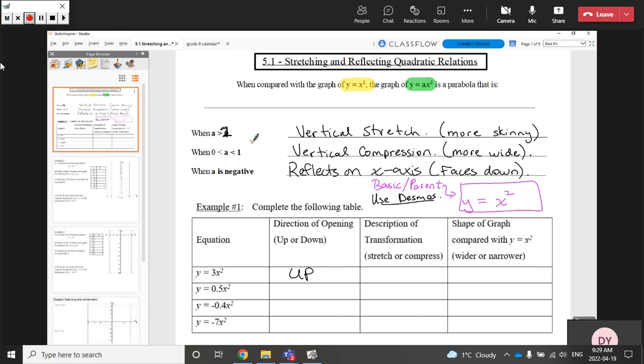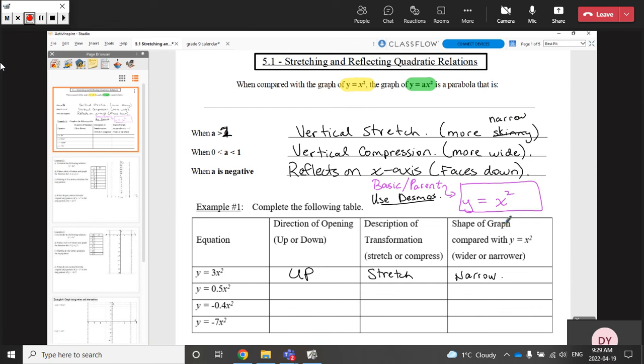Well, I think it's a stretch because the a value is greater than 1. So the shape of the graph compared with y equals x squared, is it a little bit more wide, or a little bit more narrow? I think this one would be more narrow.